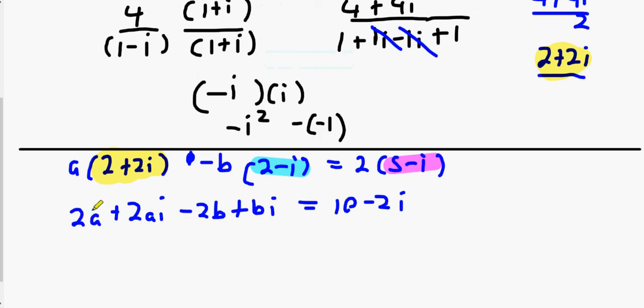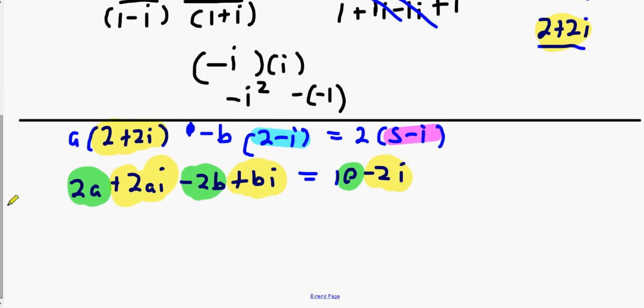And then what do we get? Use the highlight system. 2a minus 2b equals 10. And then yellow, bi equals minus 2i. Do the colours help you or make it worse? Alright, grand.